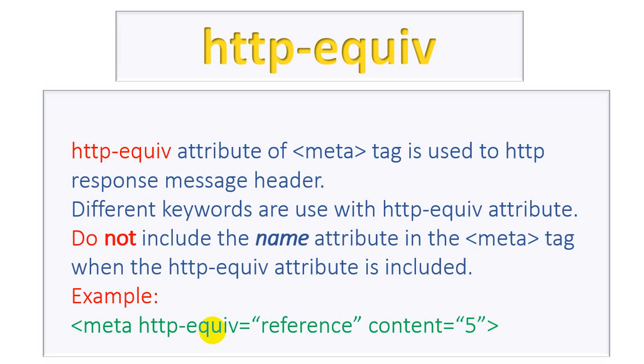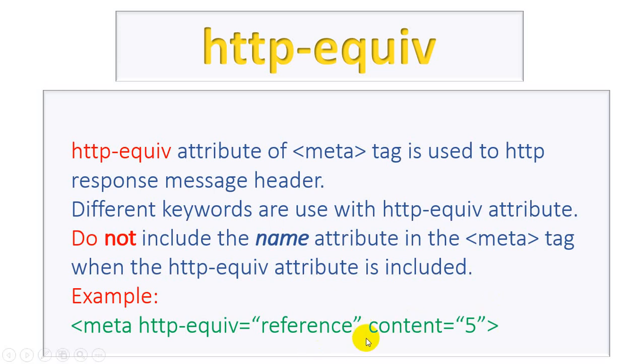But the HTTP equiv attribute of the meta tag supports the refresh value. The refresh can refresh your page, so you can physically check whether it is refreshing or not.